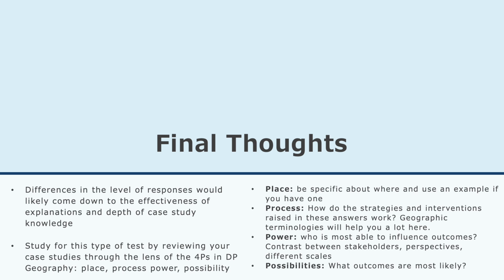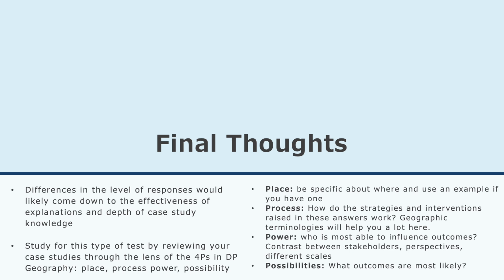And so what that means is that the difference between a quality response and a response of lower quality will probably come down to how effectively you're able to explain things and how deep you're able to demonstrate knowledge of different case studies, especially for those essay questions.